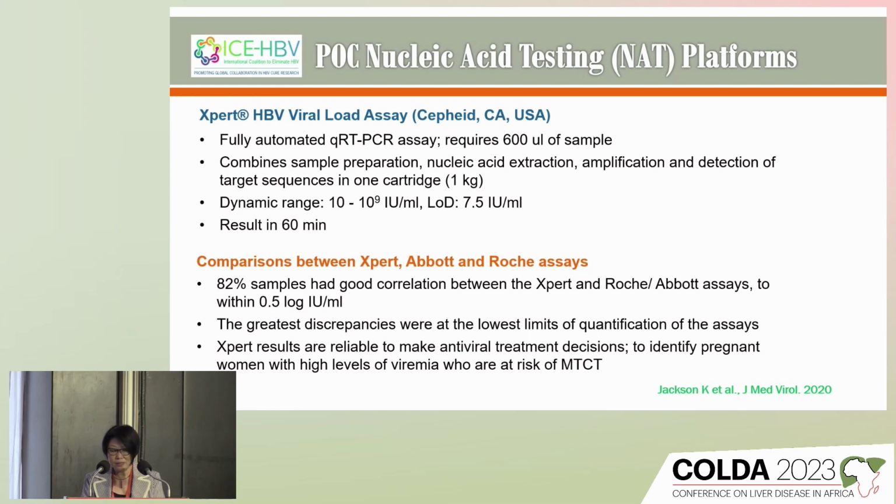The greatest discrepancies, as expected, were at the lowest limit of detection. So the authors concluded that the Xpert HBV assay is reliable to make antiviral treatment decisions, and to identify pregnant women with high level of viremia who are at the highest risk for mother-to-child transmission.